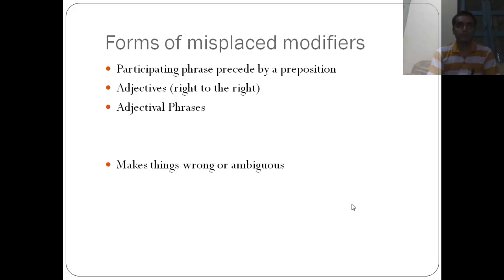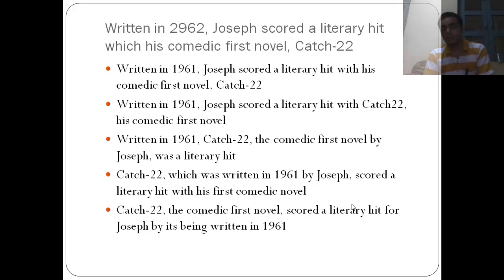And let's look at an example here. Again, the grammatical jargon, we are going to come to this slide again in level 2, and we are going to talk about the participle phrases, the adjectives and the adjectival phrases and all these things. But common sense says that if something is modifying something, and we have a comma, then it should mean the same thing.